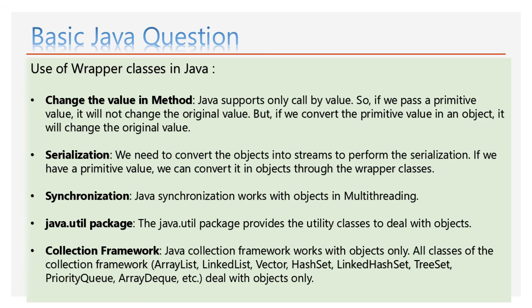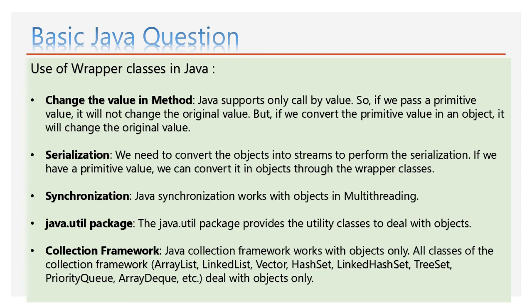Synchronization. Java synchronization works with objects in multithreading. Java.util package. The java.util package provides the utility classes to deal with objects. Collection framework. The Java collection framework works with objects only.